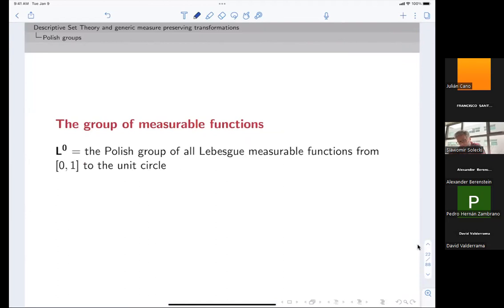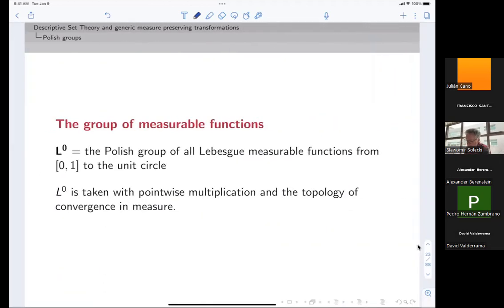So what is L0 here? I look at Lebesgue measurable functions going from the interval [0,1] to the unit circle, and I consider those functions up to measure equivalence. So I'm thinking about the group of measure equivalence classes of these functions. This is a Polish group with the group operation being pointwise multiplication.